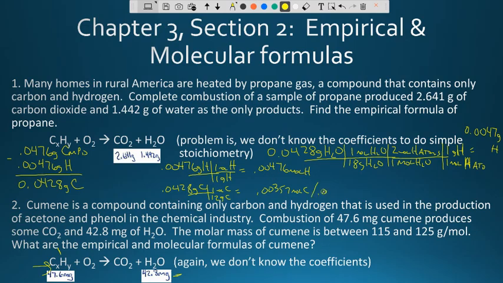We divide by the smallest number of moles. That says for every 1 carbon, and that ends up giving me a 1.3. For every 1 carbon, I get 1.3 hydrogens. Again, you can't split the atom, so let's multiply everything by 3, and that will give me a 3:4 ratio.